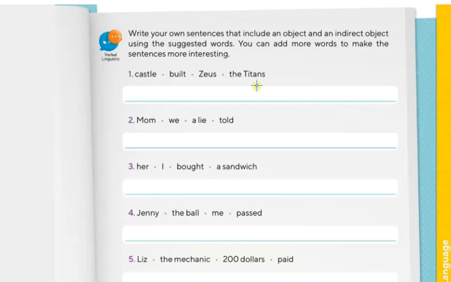So pay attention. So we have here, castle built Zeus the Titans. I would put them in this order. Pay attention. Capital letter at the beginning of the sentence, the Titans. Capital letter in proper nouns. The subject is the Titans.